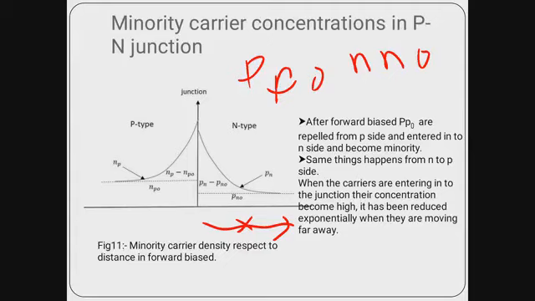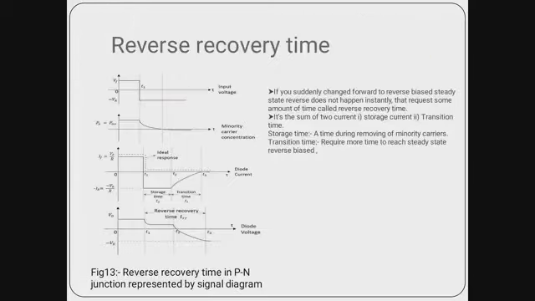So if you want to operate a diode in a steady state reverse biased condition, you have to remove these excess charge particles from P side as well as N side. Then the diode will conduct in a steady state reverse biased situation. But before operating in this situation, the diode takes some time, and this time is called reverse recovery time.